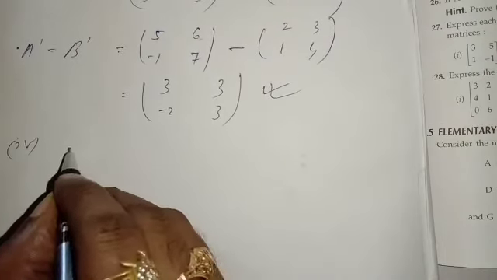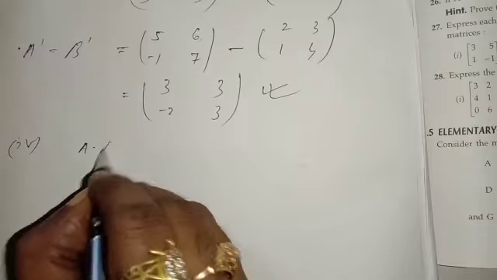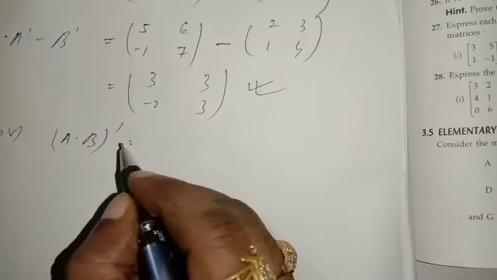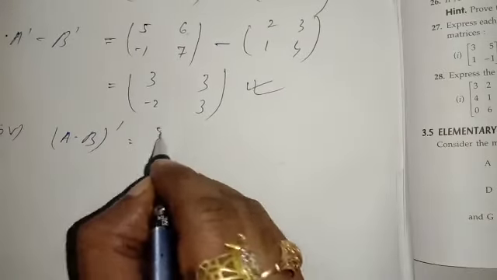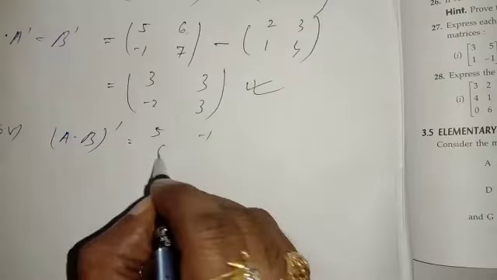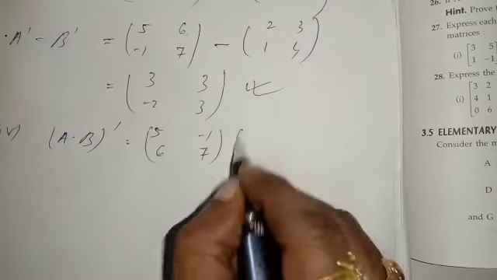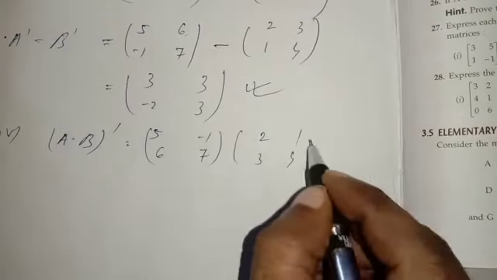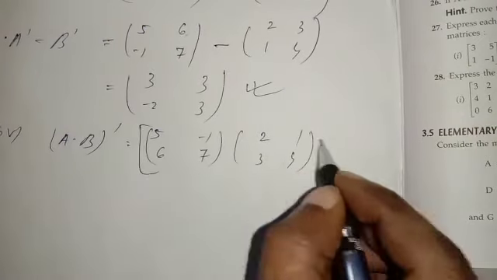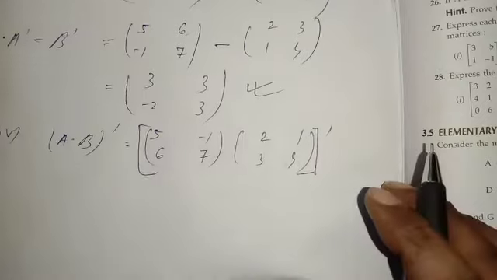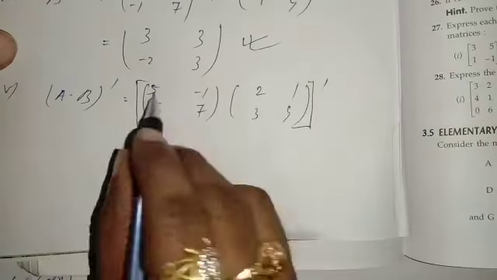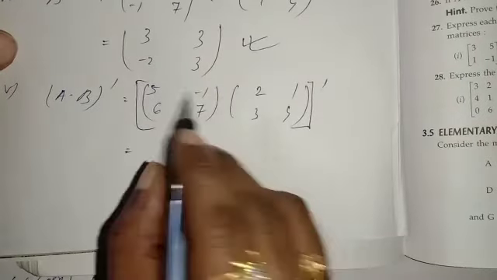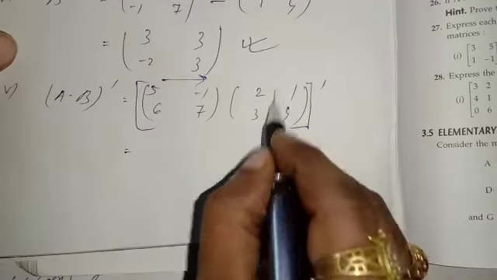Next I am finding the fourth part, A into B whole transpose. First of all, you multiply A into B. A is how much? 5 minus 1, 6, 7 into B. B is how much? 2, 1, 3, 4. Just multiply, whole transpose. Multiplication as usual, 5 into 2, 10. Row with column, first row with first column.